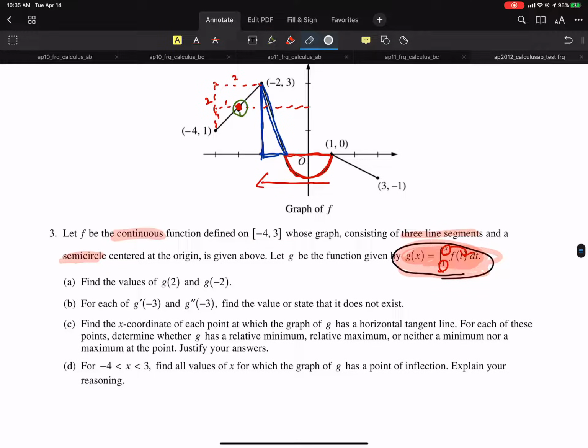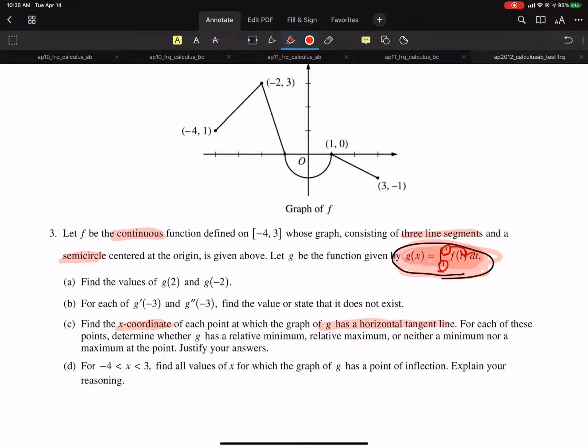Let me erase all that junk I put in there. Okay. Part C. They want the x-coordinates where g has a horizontal tangent line.